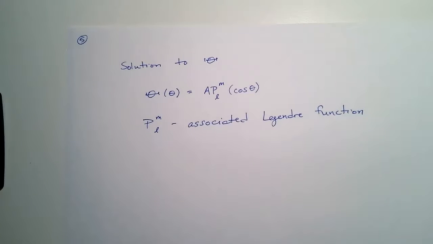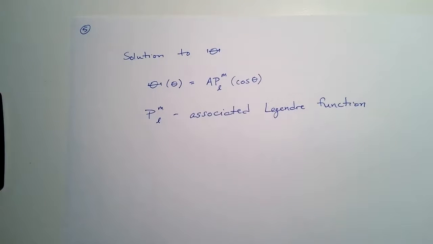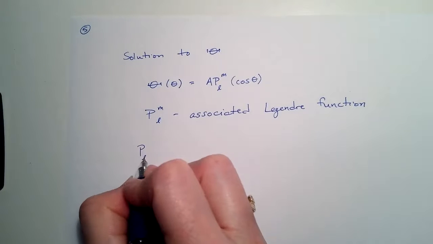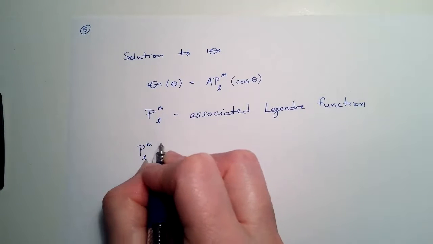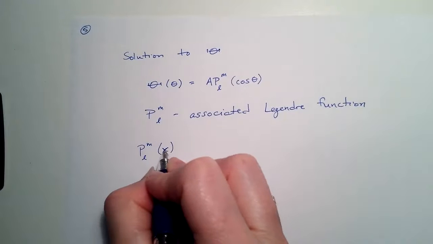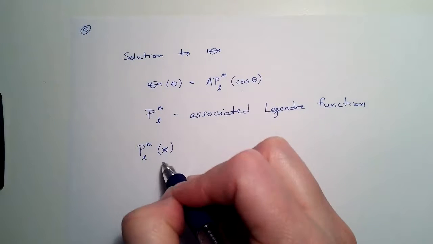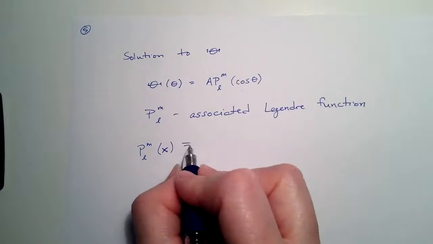But these are the theta angular equations, which are a little more complex than the phi angular equations. Your equation is going to have an argument x. Here we've got as our argument cosine theta. So where you see x, you're going to put in a cosine theta.